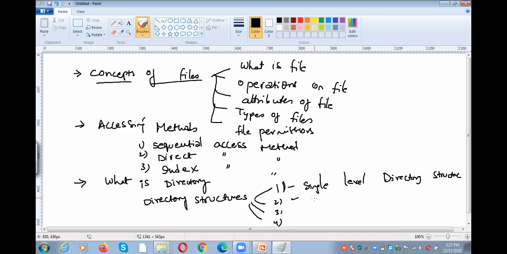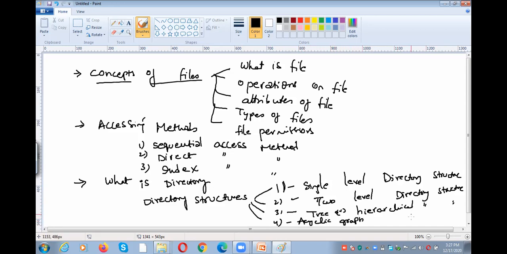And the next one is the two level directory structure. The third one is the tree or hierarchical directory structure. And the fourth one is the acyclic graph directory structure. Okay, so these are the concepts.